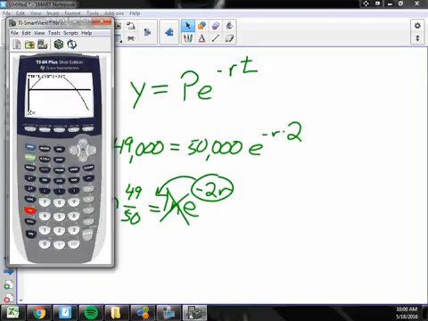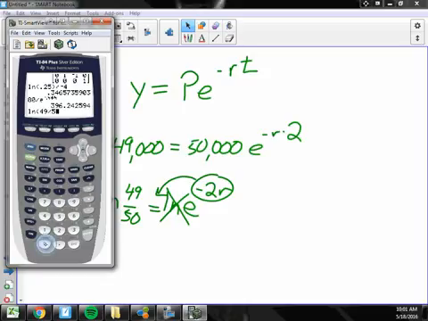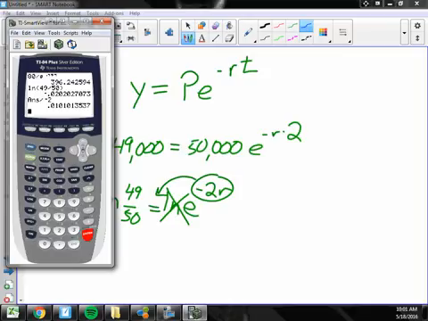So the ln of 49 over 50, and then I divide that by negative 2. So the copier is losing 1%. And you might, I don't really care, 1.01%. Okay, so that's the answer for A.